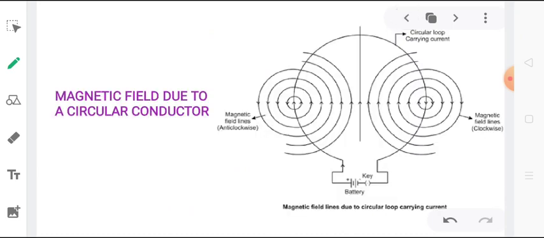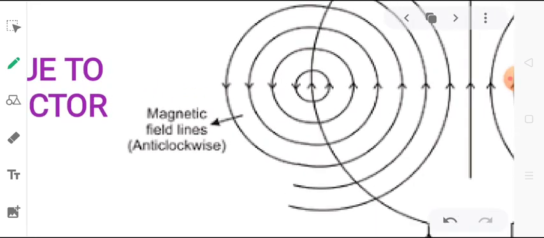Now I will again go back to the previous picture that will help you understand the rule that has again been employed to determine the direction of the magnetic field. Again it is Maxwell's right hand thumb rule. If you consider the first part, in this portion the current is flowing in the upward direction in the wire, and when current flows in the upward direction, as per Maxwell's right hand thumb rule, the magnetic field is in the anticlockwise direction.